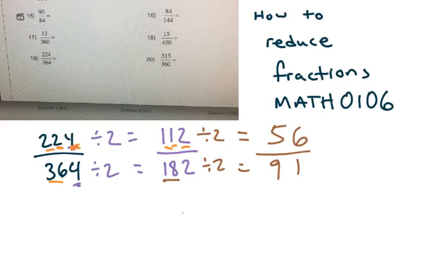But I'm not certain about 91. Why am I not certain about 91? Because the two rules we've worked on thus far are that it's even, and 91 is not even, and if you add the digits, 9 plus 1, you get 10. So that's not going to work.